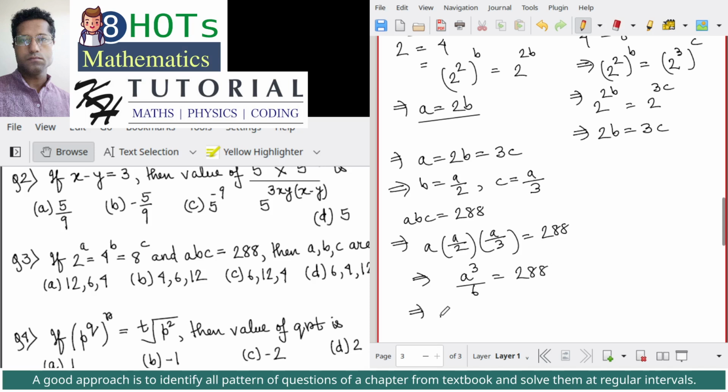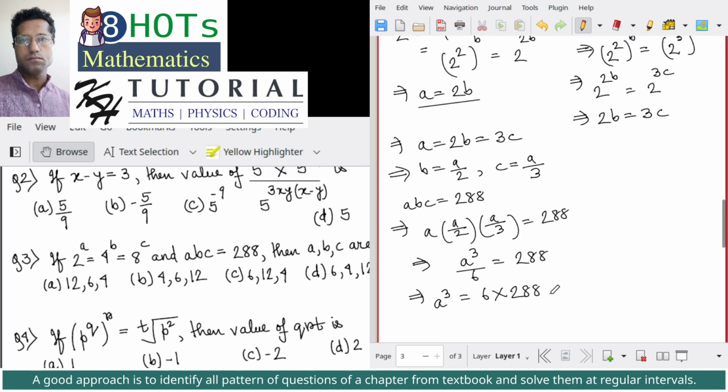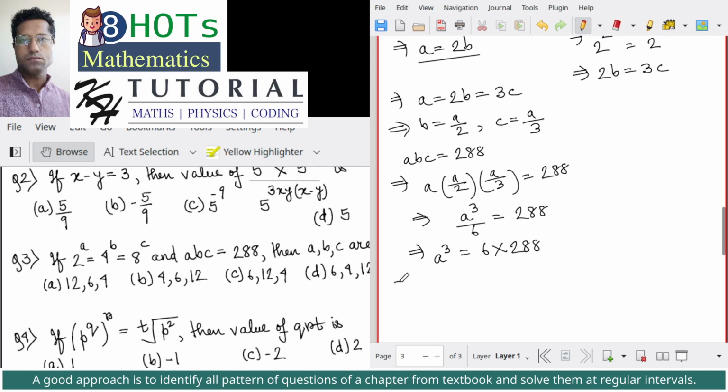This implies a cube is equal to 6 multiplied by 288. To find a, a will be equal to the cube root of 6 multiplied by 288.